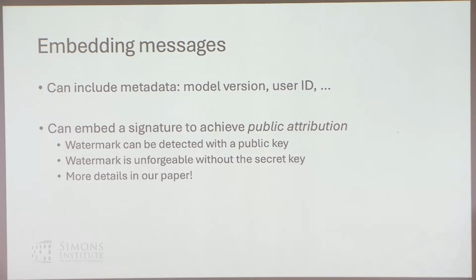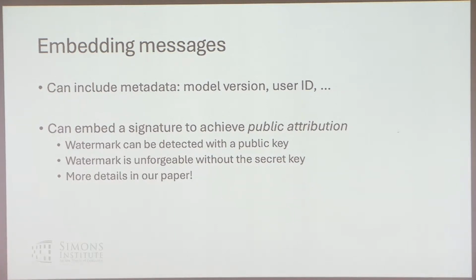And a more interesting application of embedding messages is something called public attribution. The setting here is that there is a public detection key that might be used to attribute harmful content to a model that generated it. So here it's very important that this is unforgeable. You don't want to be able to forge a watermark on some harmful content that you yourself generated.